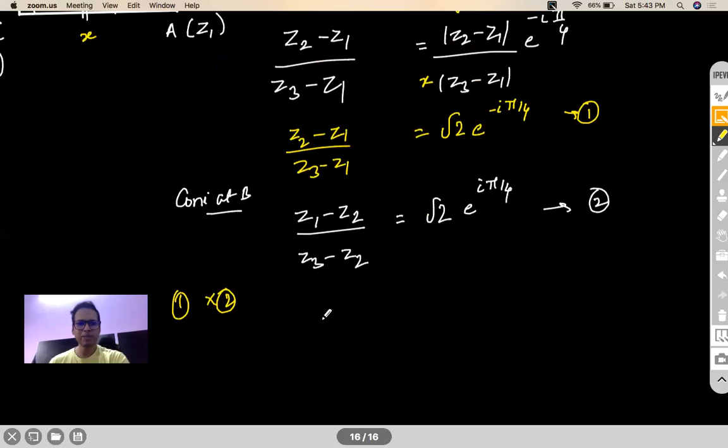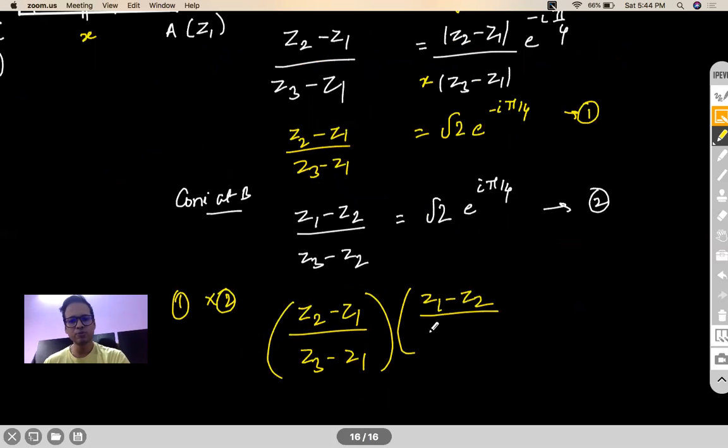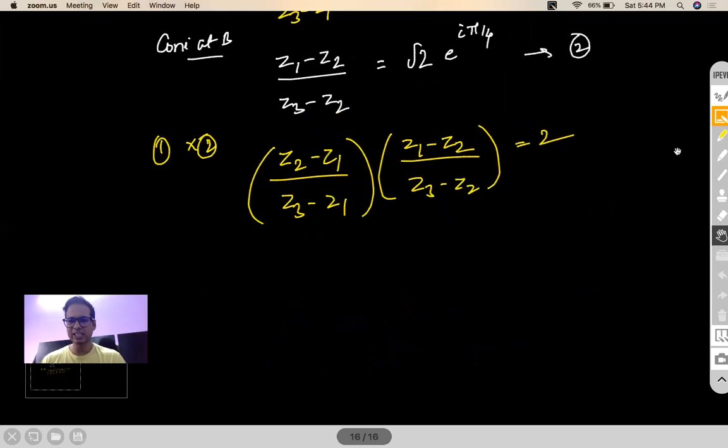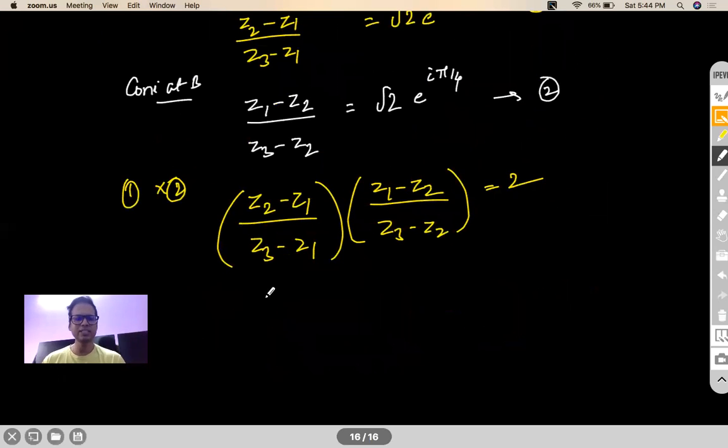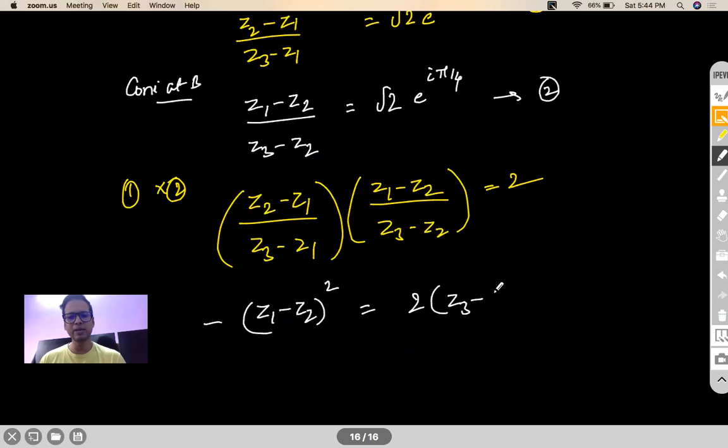You will get (Z2 minus Z1) by (Z3 minus Z1) times (Z1 minus Z2) by (Z3 minus Z2) equal to 2. Root 2 will become a 2, and e to the power i pi by 4 and e to the power minus i pi by 4 will cancel each other out. Now this is actually minus (Z1 minus Z2) whole square equal to 2(Z3 minus Z1)(Z3 minus Z2).